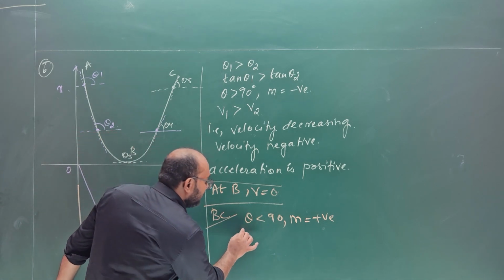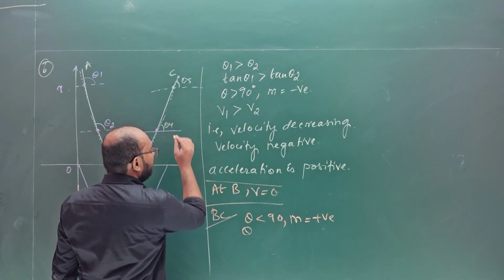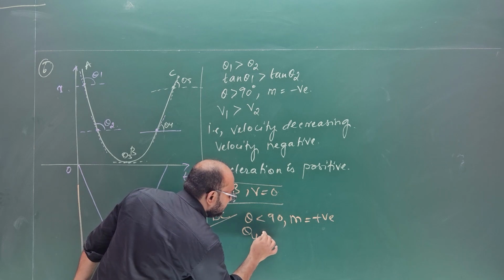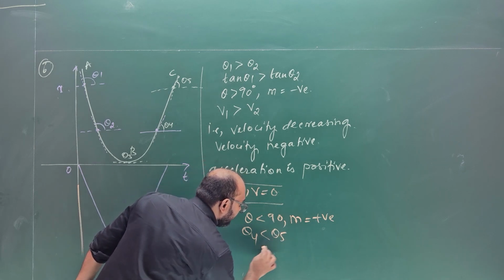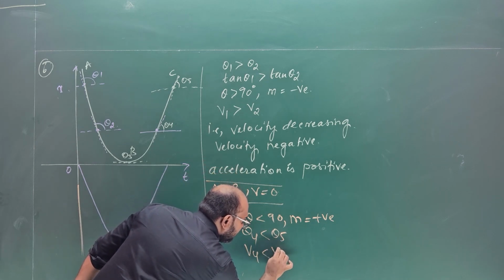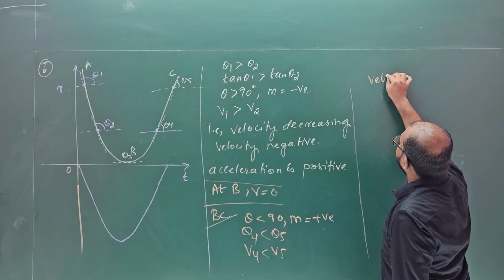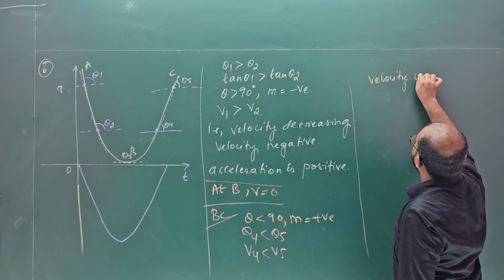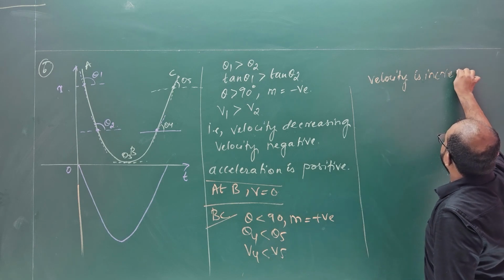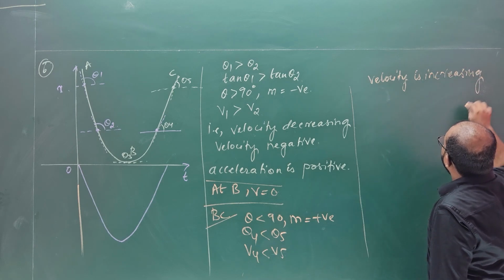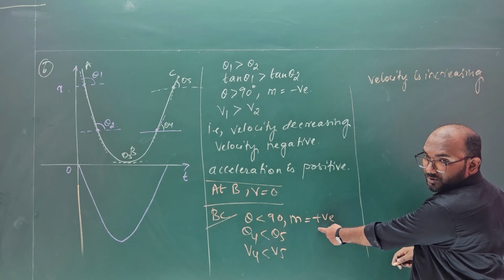So theta 4 is smaller than theta 5. That means V4 is smaller than V5. Can I also say that velocity is increasing? If velocity is increasing, what is the direction of velocity? Positive side now.